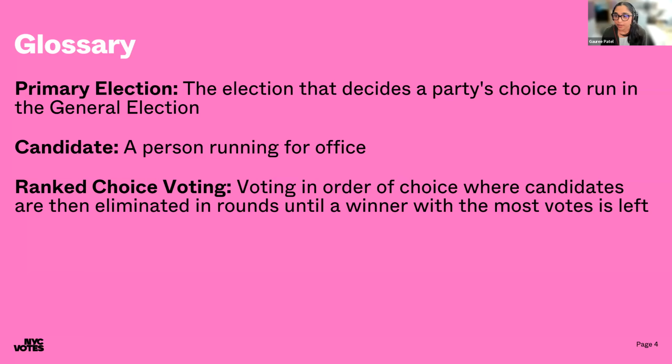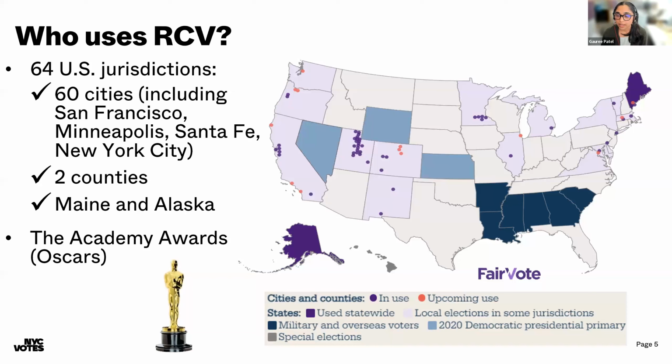Here we have a view of ranked choice voting across the country. So ranked choice voting has been used in a lot of different states, and it's a growing approach and structure to voting. It's reached over 64 American jurisdictions. 13 million voters have used ranked choice voting.